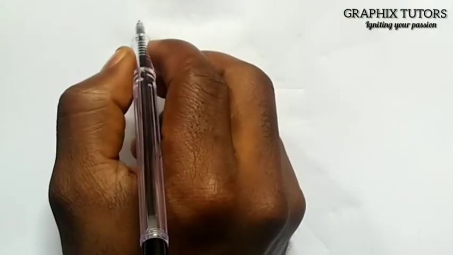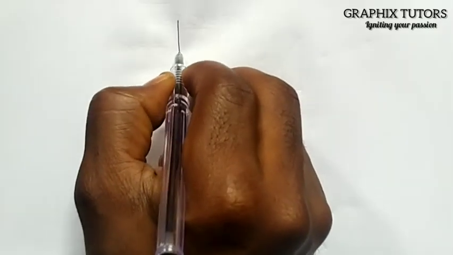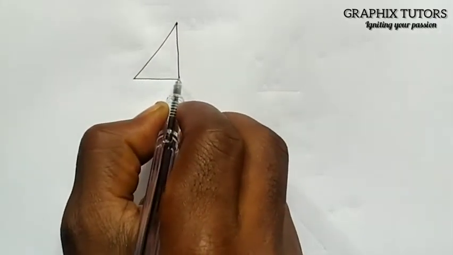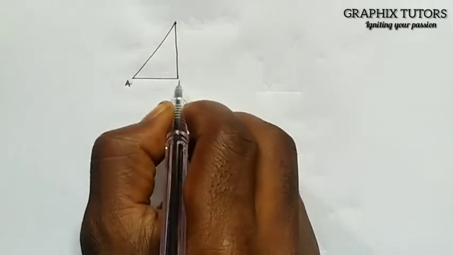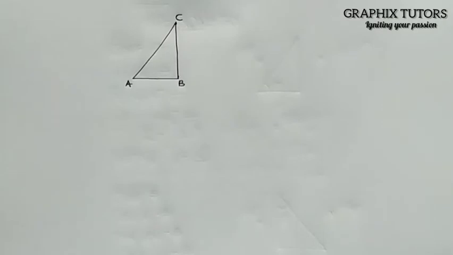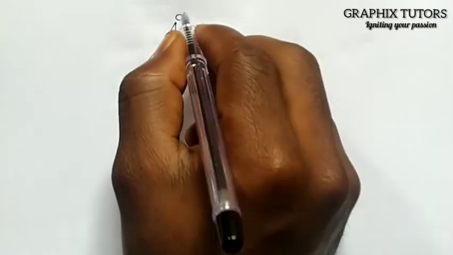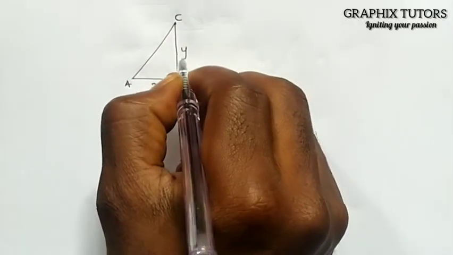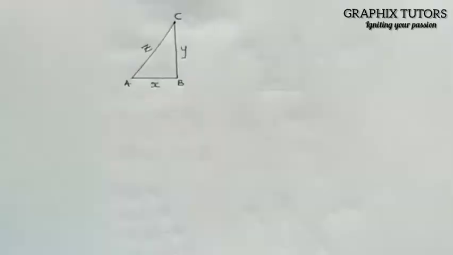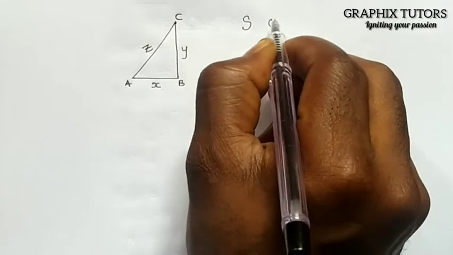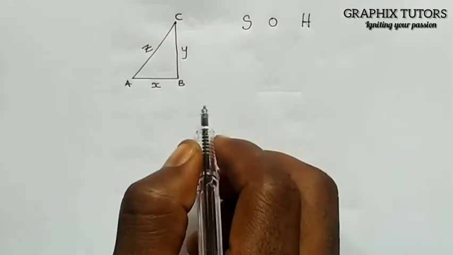Now let's consider a triangle. Let's assume this is my triangle this way, and let's say here is A, here is B, and here is C, right? Now let's say AB is X, CB is Y, and AC is Z. There's something we call SOH.